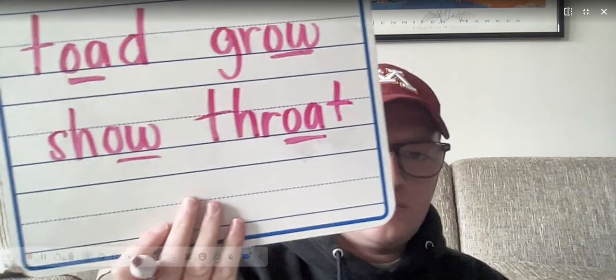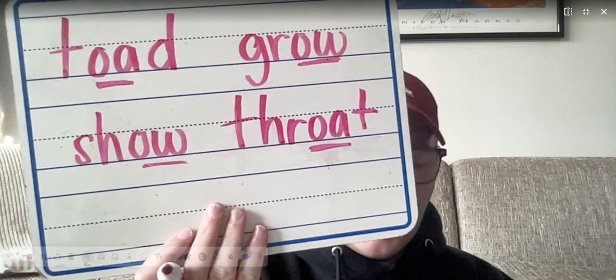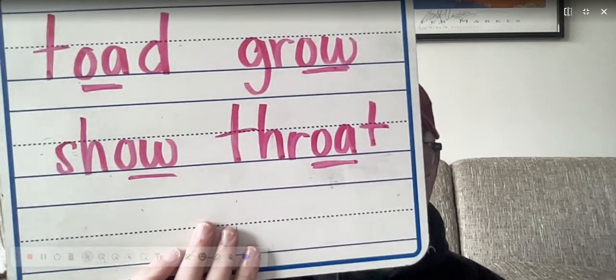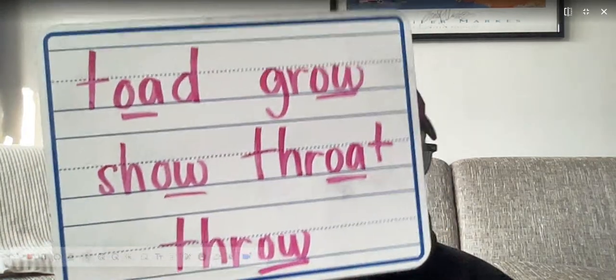I hear the O sound in the middle of the word, so I'm going to spell it with O-A. Throat. And remember, go ahead and pause the video if you need to. The last word that we're going to spell today is throw. Throw. And we're going to spell that O sound with O-W at the end of a word.